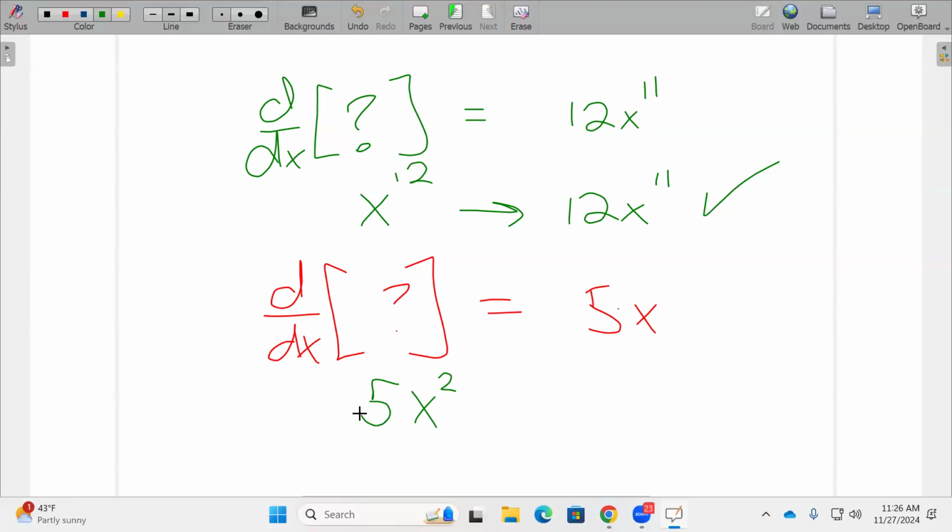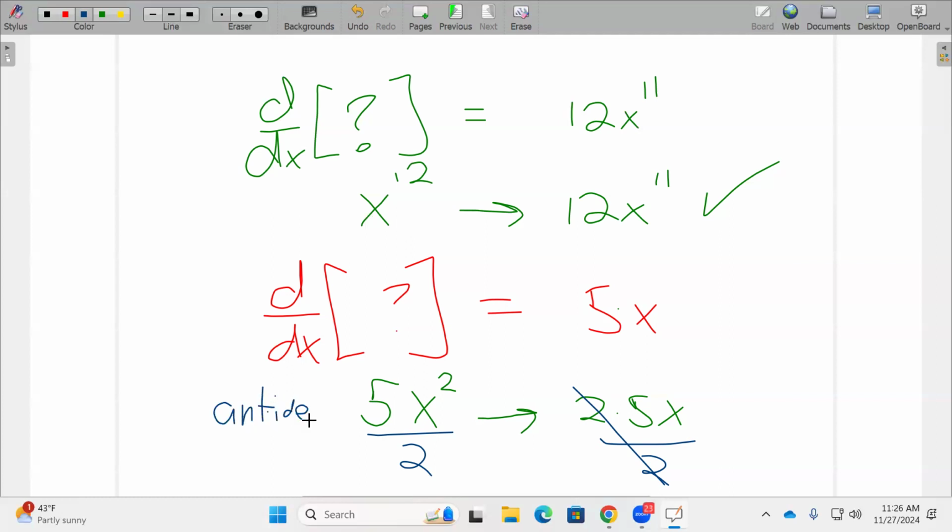If I take the derivative of that, what do I get? Well, I'm going to get 2 times 5x. Not quite what I want, so how can I adjust? Divide by 2. If I divide this by 2, then I get the 5x I want, so there must be a divide by 2 there also. So this should be the antiderivative of 5x.